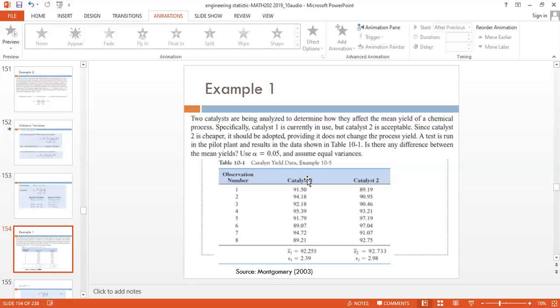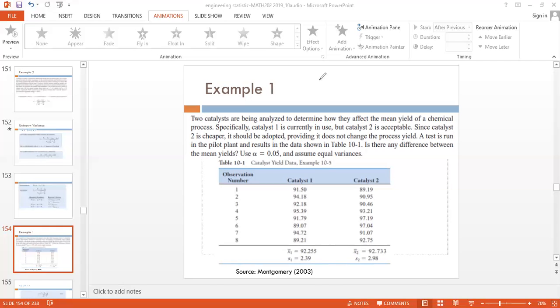So we have the data: the mean yield for 8 observations for catalyst 1 and for catalyst 2. The first thing that you do is to find the sample mean and sample standard deviation for catalyst 1, then the same for catalyst 2.